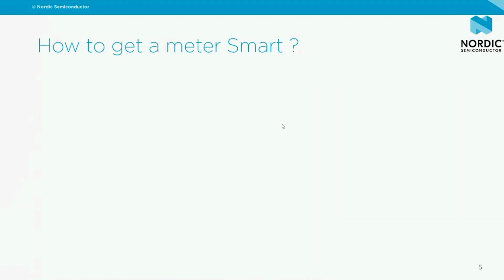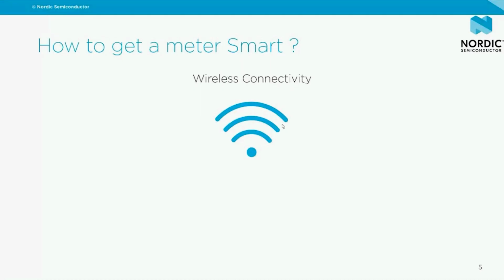In order to really get a smart meter, there's one thing we definitely will talk about and focus on today, and that is connectivity. The meter needs to be able to send its data somewhere and to get messages from somewhere if it's going to act on something. We talk about wireless, of course, since Nordic is a wireless company, but if you think about meters all around the world, you cannot build wired infrastructure when everything is getting connected in the future.